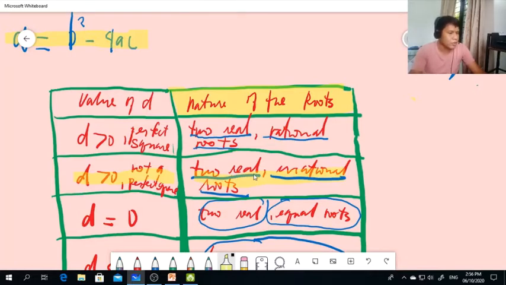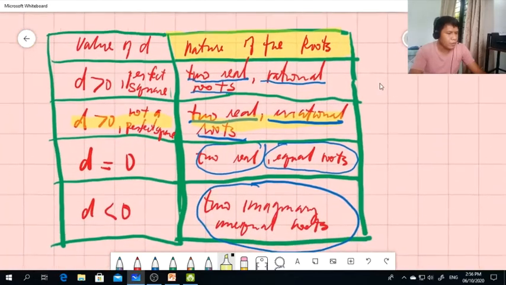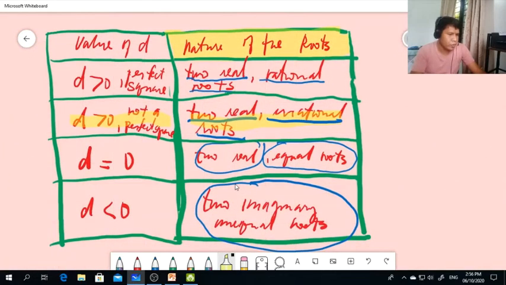When your discriminant is equal to 0, there are two real and equal roots. Now, when your discriminant is less than 0, there are two imaginary unequal roots.